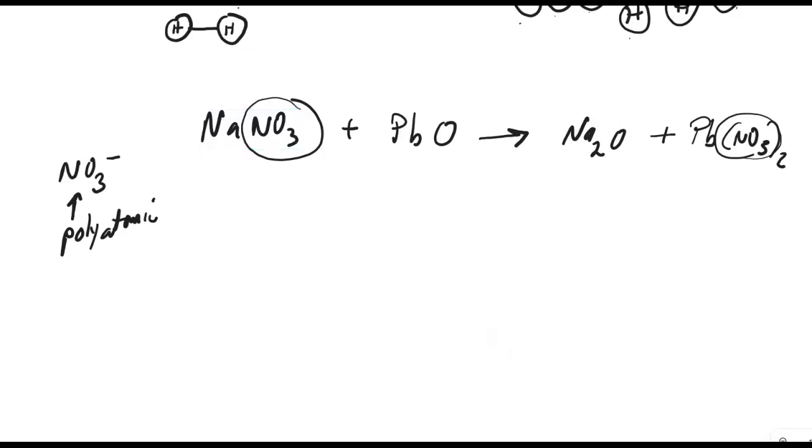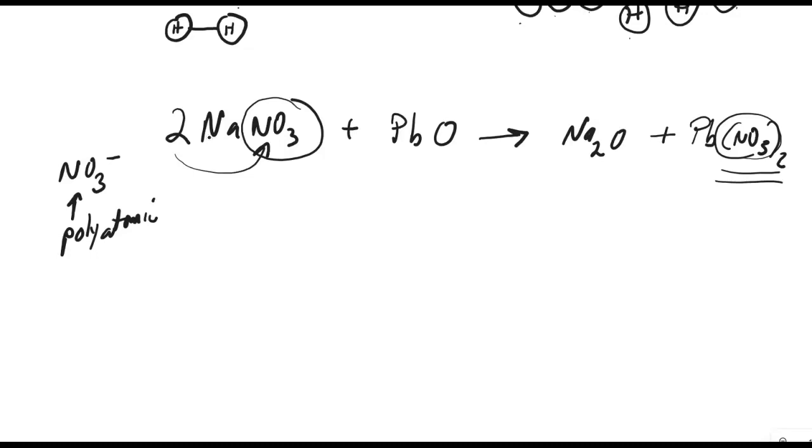Why is it doing that? If you take a look here, we've got 1 sodium on that side and 2 on that side. If I put a 2 over here, my sodiums are all balanced. So that's good. And notice that the 2 distributes. So I'm going to have 2 nitrates, which I have on this side.